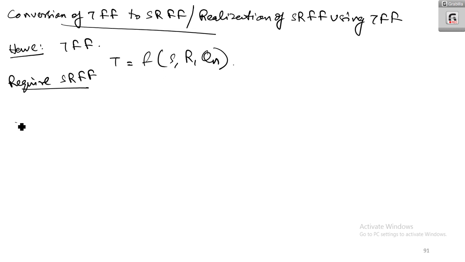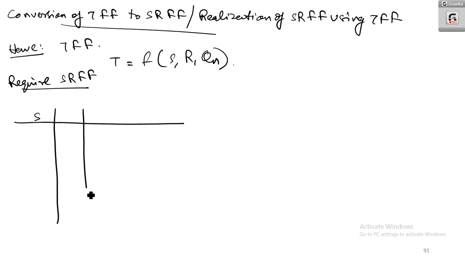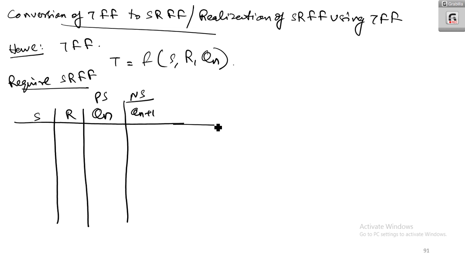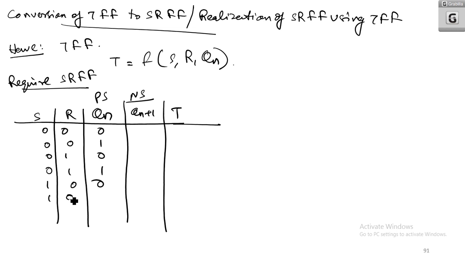Here S and R are the inputs, so we have S, R and Qn. This is the present state, the next state is Qn plus 1, and what we require is T. So we have 0 0 0, 0 0 1, 0 1 0, 0 1 1, 1 0 0, 1 0 1, 1 1 0, and the last one is 1 1 1.